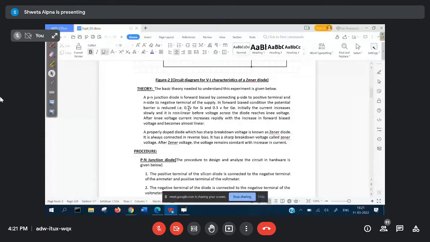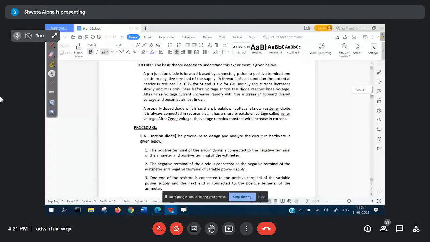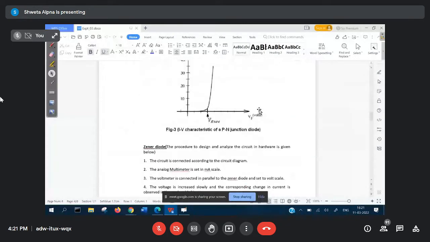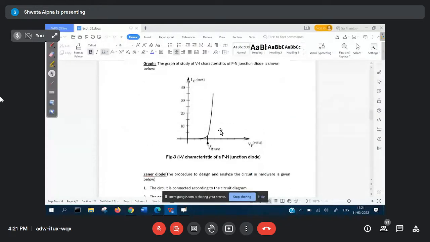Once it overcomes the barrier potential, we observe from the graph that the current suddenly starts to rise. You can see in this graph, from 0 to the knee, there is something called knee voltage. From 0 to knee voltage, the current is almost zero.